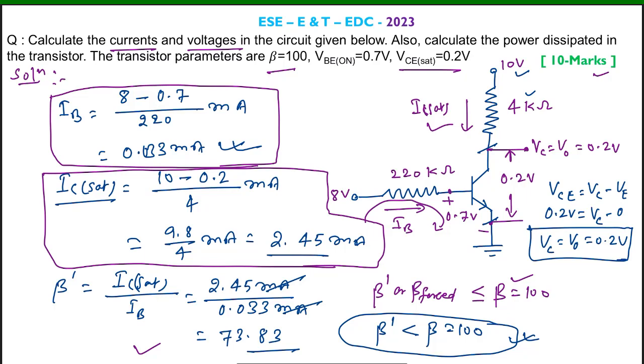The next part of the question asks about the power dissipated in the transistor. The power dissipation by the transistor is PT equal to IC into VCE saturation, because the transistor is working in the saturation region.